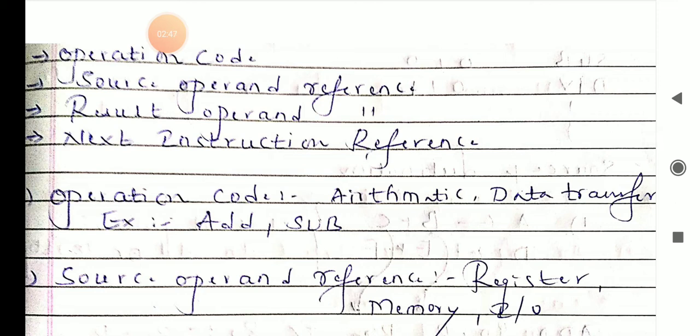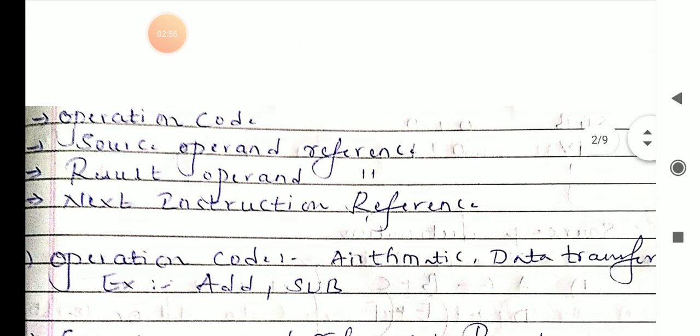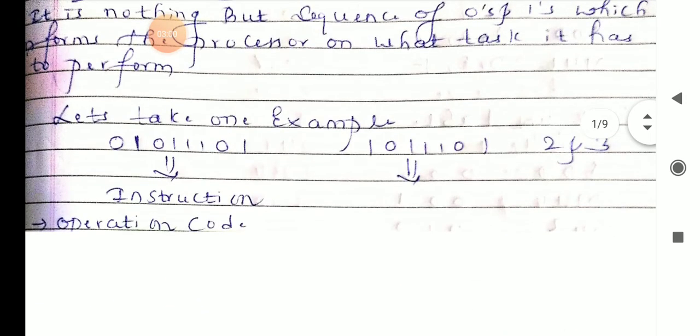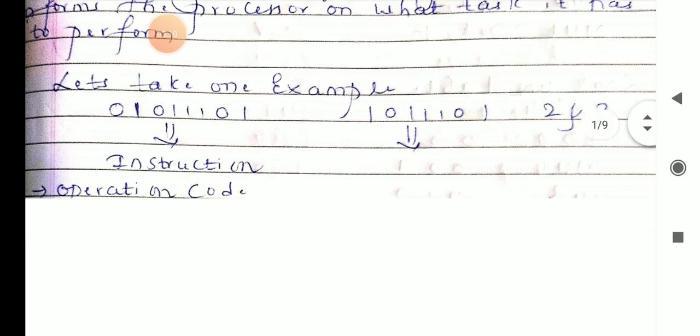So for that purpose you have to use the operation code, source operand reference, result operand reference, and next instruction reference. Take a general example with 2 and 3: adding them, 2 plus 3 is 5, and multiplying, 2 into 3 is 6. I am writing this binary sequence.